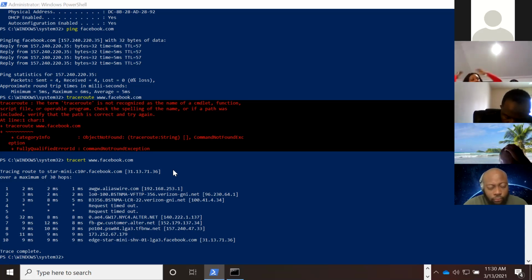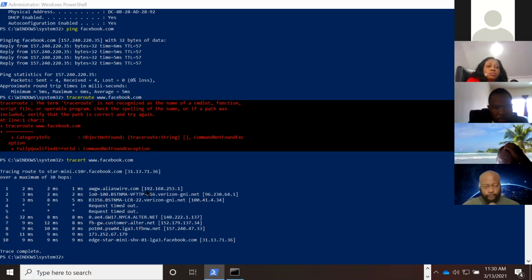These hops give you the routers through which your packets are hopping from and to. So let me give you an example here. I'm starting from my gateway.